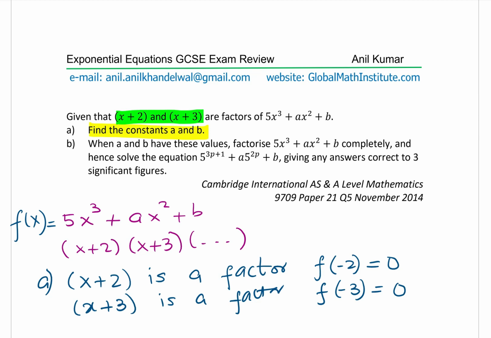Now that factor gave us the solution of the final equation as x equals 6 over 5. You get the idea. And what was x for us? x was 5 to the power of p.